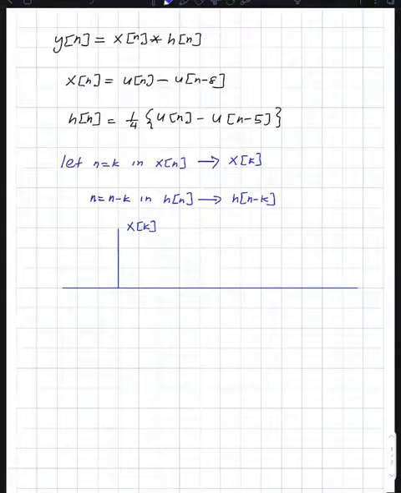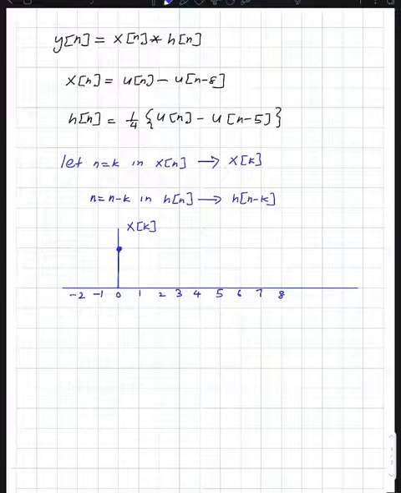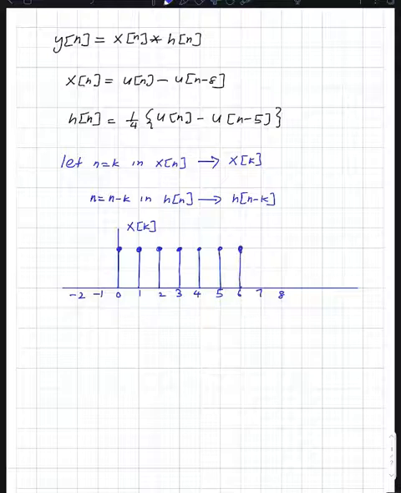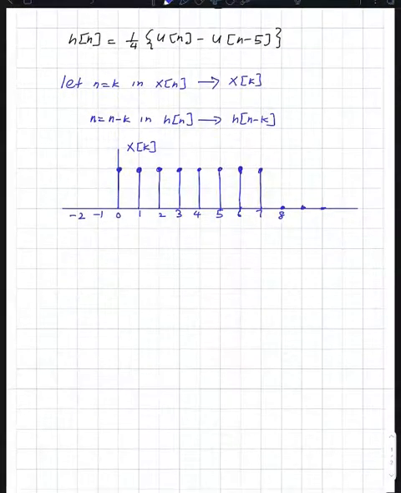So let's plot x[k]. 0, minus 1, minus 2; 1, 2, 3, 4, 5, 6, 7, 8. Now let's plot x[n minus k].